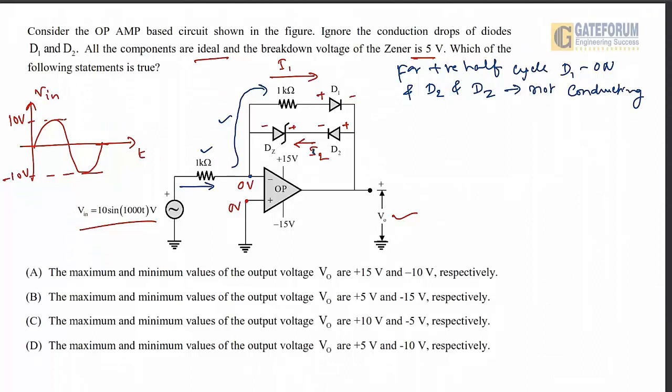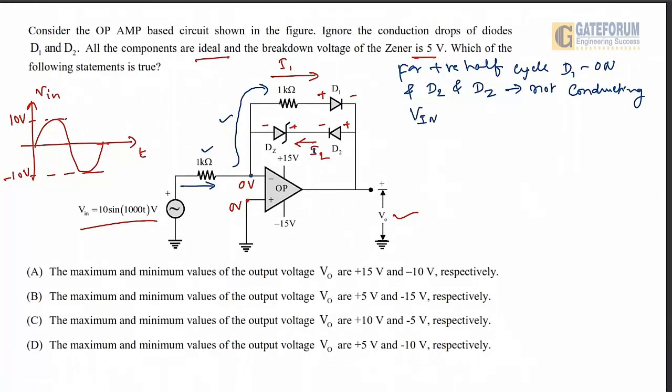So here the maximum value of this input will be 10 volt. This is the maximum value in the positive half cycle, and whenever it has the maximum positive value, it allows the maximum current passing through this path.